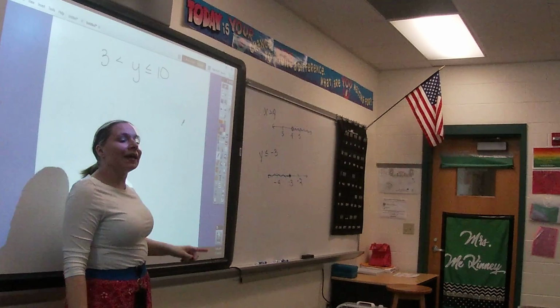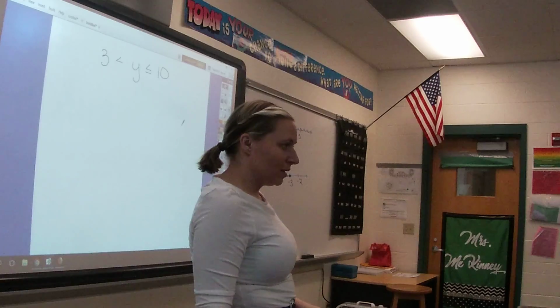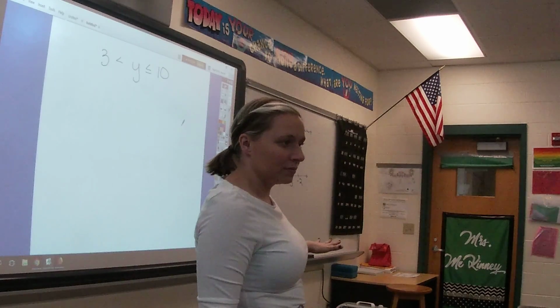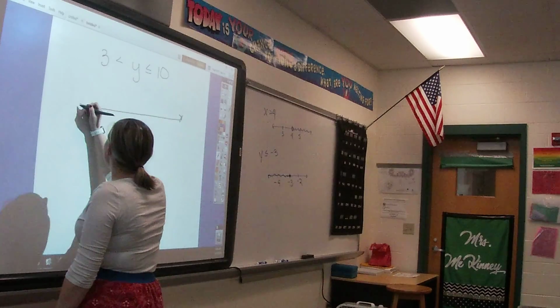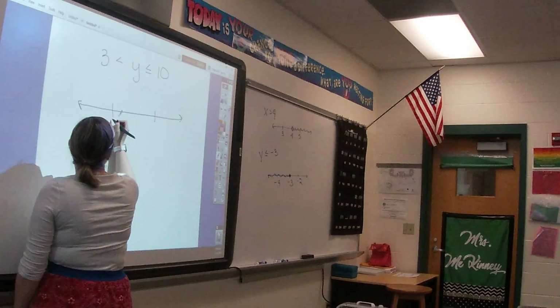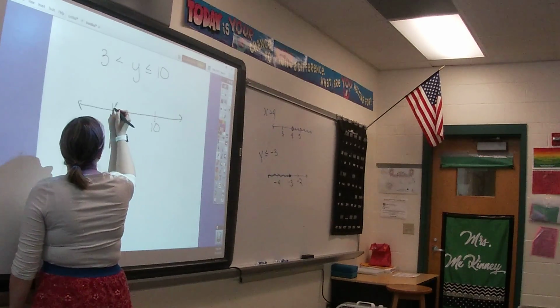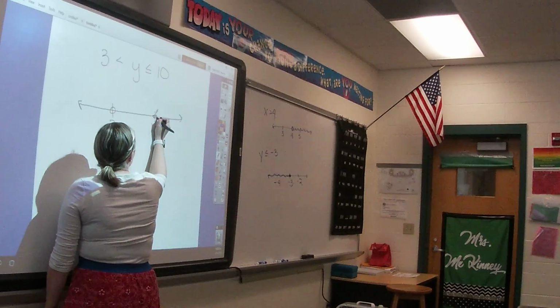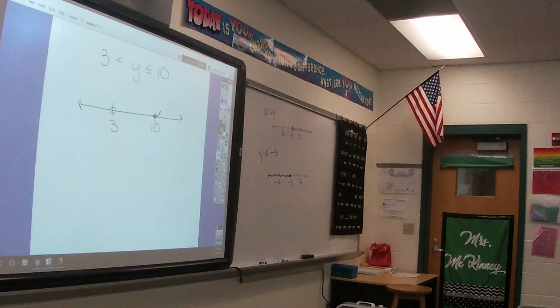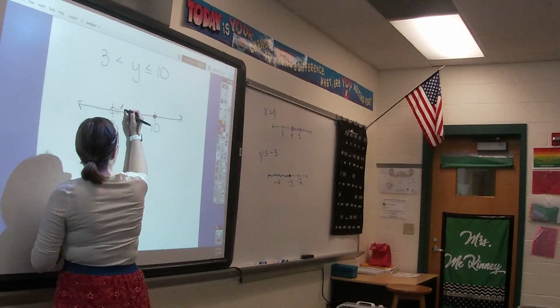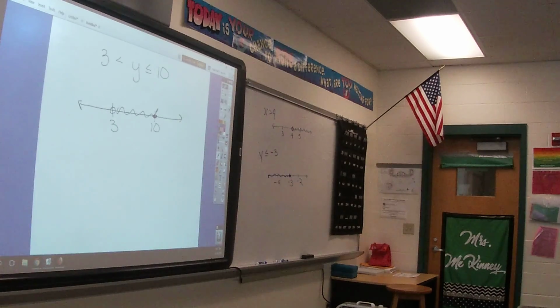Yes. If that is a true statement, you don't need to do any of the other stuff. You can just go straight to your number line and know that this says 3 with an open circle, 10 with a filled in circle, and y is in between those two numbers. That's what that says. Y is in between 3 and 10.